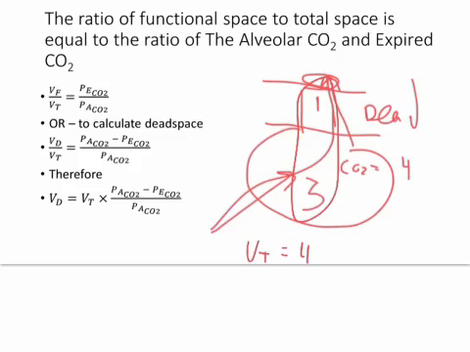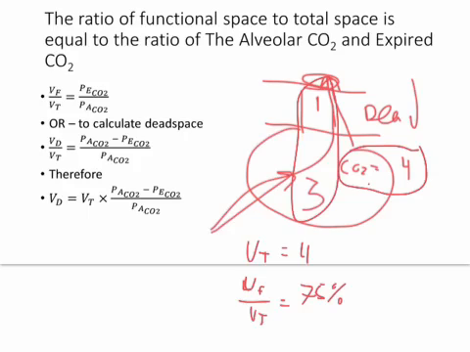And so if I say the functional volume over the total volume is going to equal 75%, then I would also expect that I would breathe out 75% of the pressure.